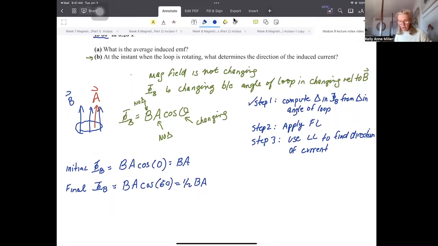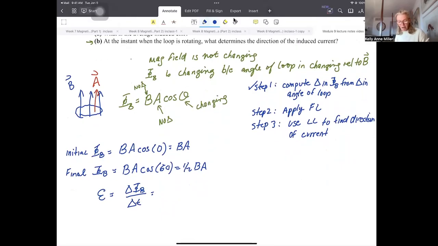Step two, I apply Faraday's law. So Faraday's law says that the change in flux as a function of time is equal to the EMF.